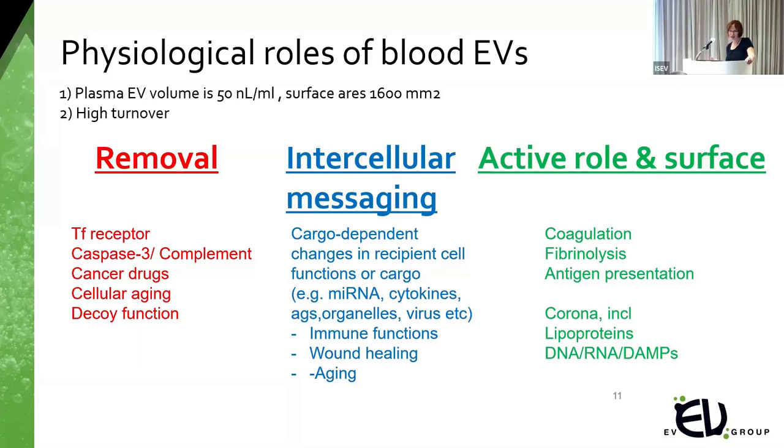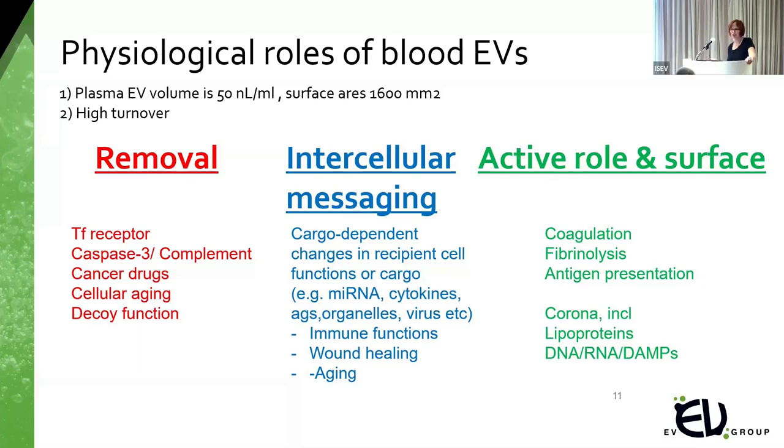So some examples for the removal. Transferrin receptor in exosomes. Everybody knows this because that's how exosomes were first described. Also, cells that are facing apoptosis can maintain healthy status by removing caspase 3, or if they are under attack from complement, they can remove the complement material in EVs.